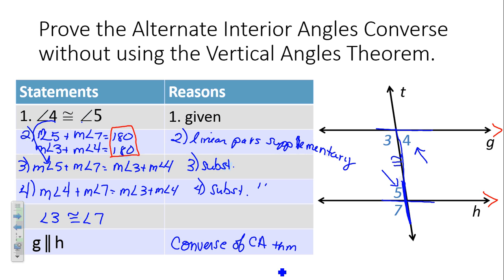Substitution. I could have used my ditto marks because we substituted twice in a row. Now, why is 3 congruent to 7? Subtraction. We took away this 4 from both sides. And because 3 is equal to 7, then those lines have to be parallel because of the converse of the corresponding angle theorem.